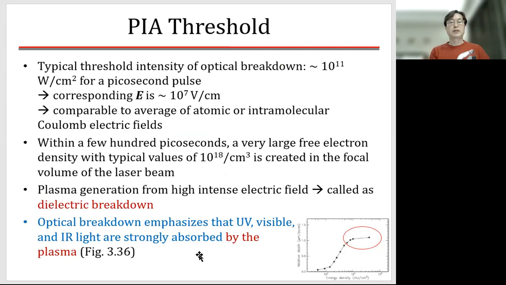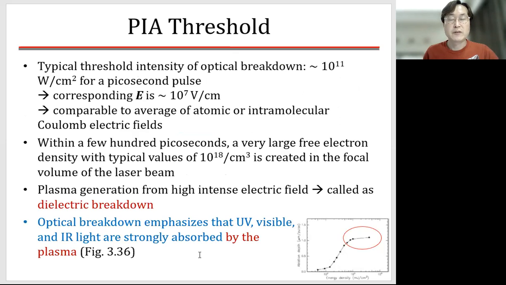So the typical threshold intensity of the optical breakdown is 10^11 watt per centimeter squared when there is a picosecond pulse. And that intensity corresponds to an E of 10^7 volt per centimeter.